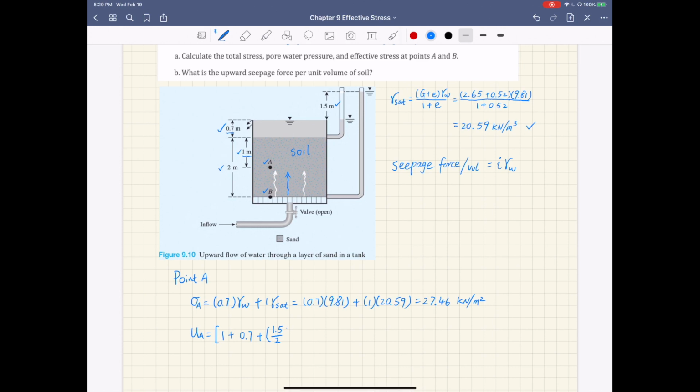So that, by definition, is the hydraulic gradient. Then times the distance water travels from entering into the soil to point A, which is 1 meter.